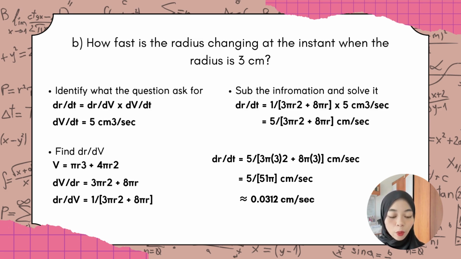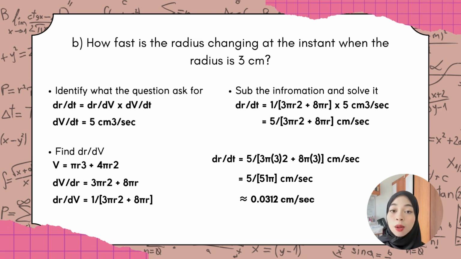This is the formula that we're going to use in this step. And then next, we need to find dr over dV. V is already given. V is equal to pi r3 plus 4 pi r2. Then we got dV over dr equal 3 pi r2 plus 8 pi r, and dr over dV we got equal 1 over parenthesis 3 pi r2 plus 8 pi r parenthesis.